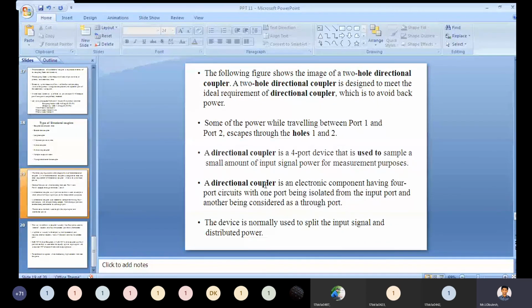And what is directional coupler theory? What is the basic function of a directional coupler?